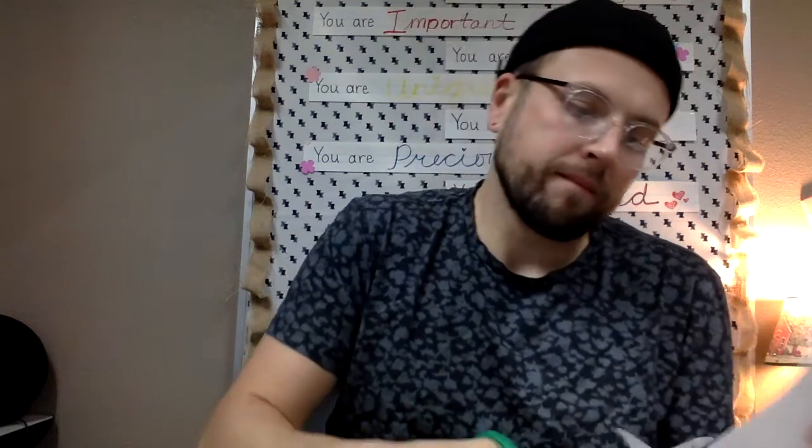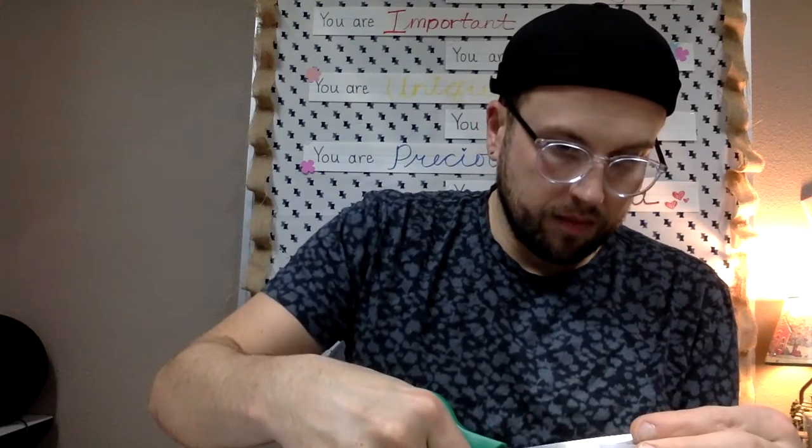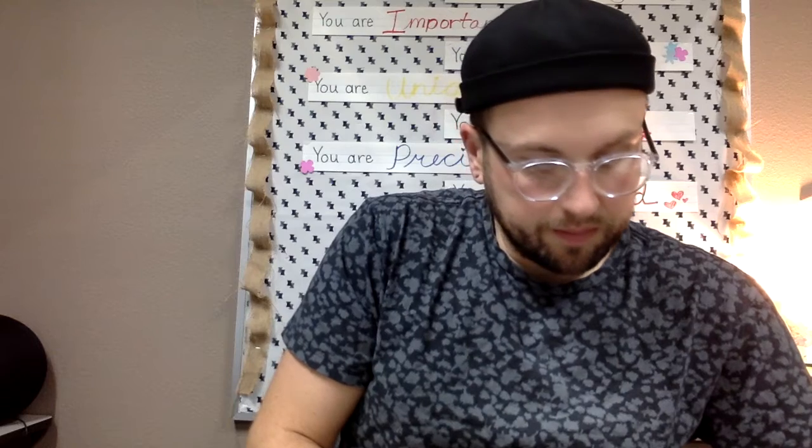And then I want you to try and read the sentence on your own once you get it all put together. Okay, paper scraps in the recycle bin. Cut out your words.